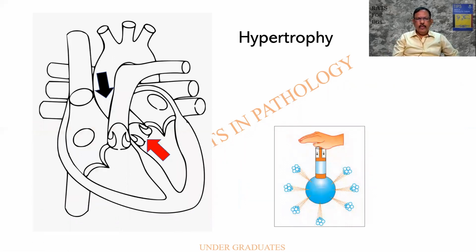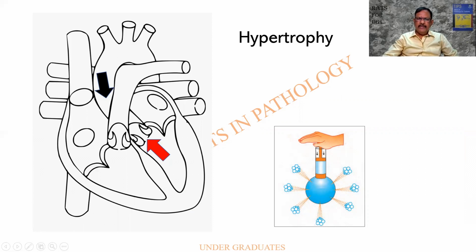Hypertrophy again I am going into. So this is the ventricle. So left ventricle and the right ventricle, left atrium and the right atrium. The other major vessels you people will be knowing. But I have got something here. In one, if the patient has hypertension, there is an increased resistance to the flow of blood.